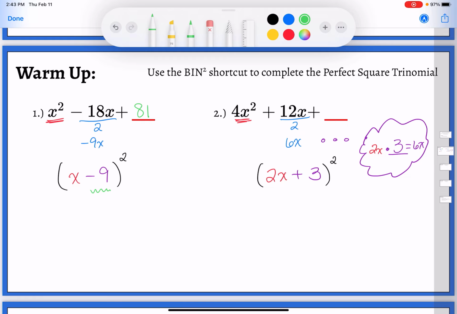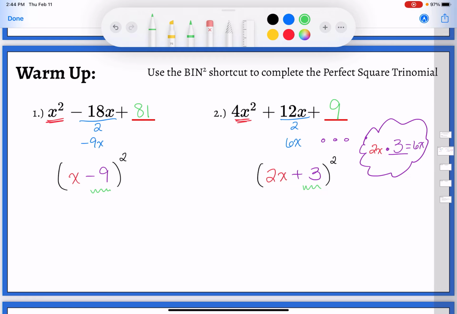Since the first term a wasn't just x, it was 2x, then that second term isn't just 6. It's 2x times what gives me 6x. So 2x times 3. Now I take that second term and I square it to fill in my blank. So 3 squared gives me 9. So correct answer there is positive 9.